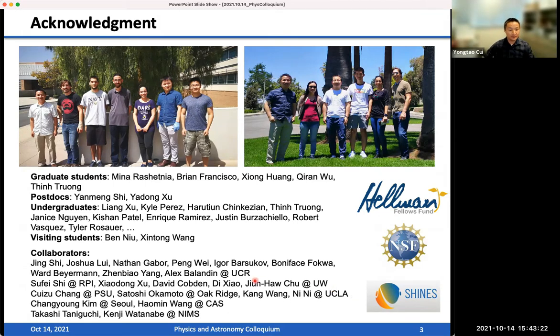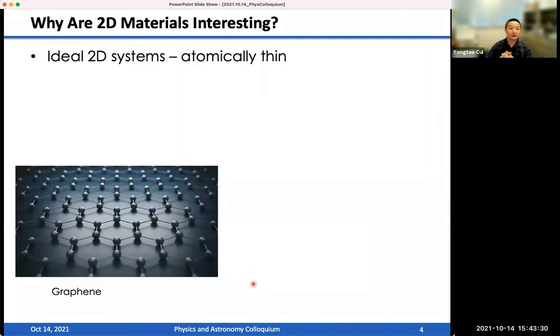Okay, so first I want to give a brief overview of what we are working on before going into the details. So the material systems that we're interested in are the so-called two-dimensional materials. And those materials are basically atomically thin layers of materials. A famous example of this is graphene, and that is basically a single layer of carbon atoms.